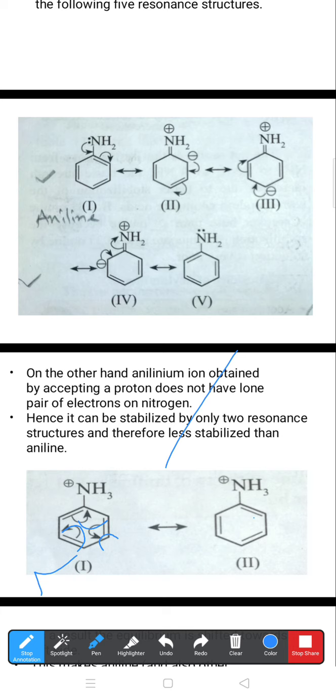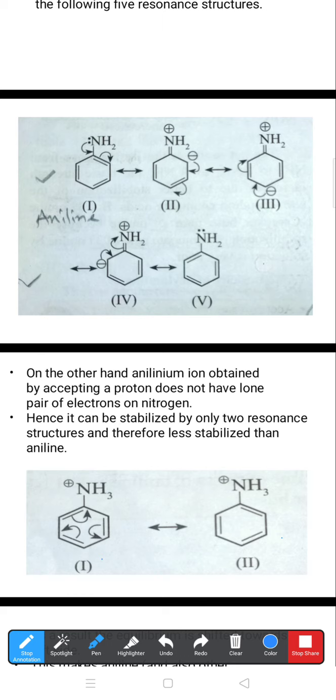So these three positions were shifted by this arrow, and the second structure we get in this manner. So both anilinium ion structures, number 1 and 2, are resonance structures, and they are less stabilized as compared to aniline.